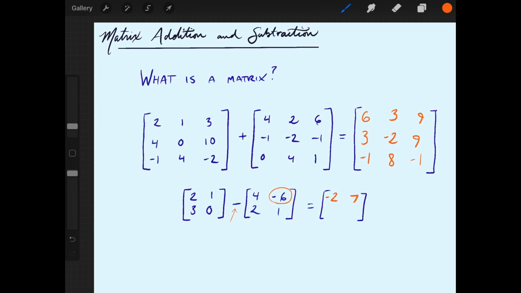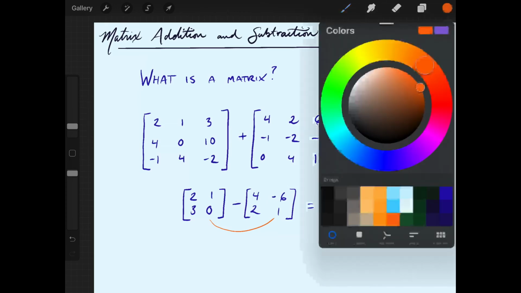Don't forget, we're subtracting whatever is in the matrix, and subtracting a negative number is just like adding. Continuing on, 3 minus 2 is going to be 1, and 0 minus 1 is going to be -1.